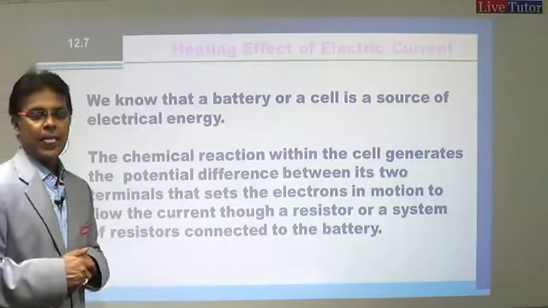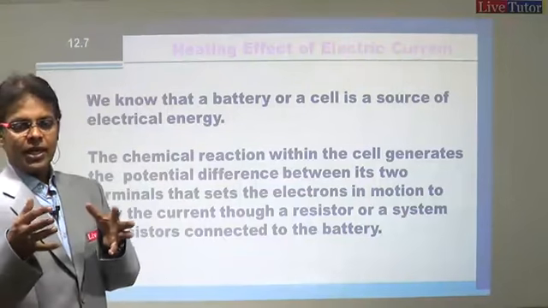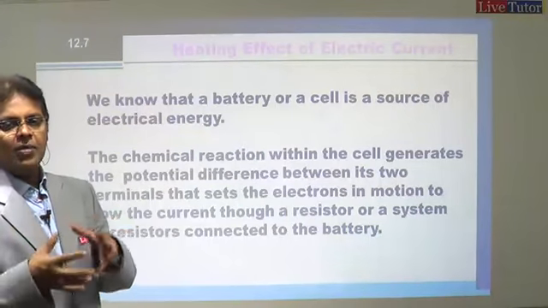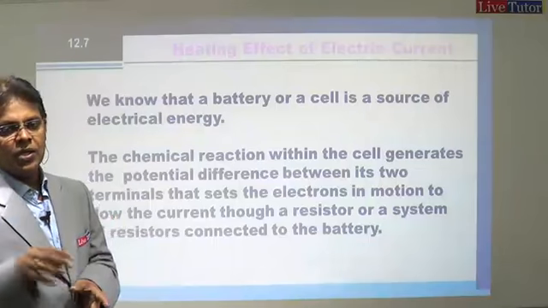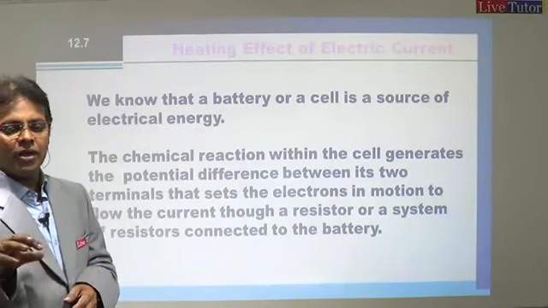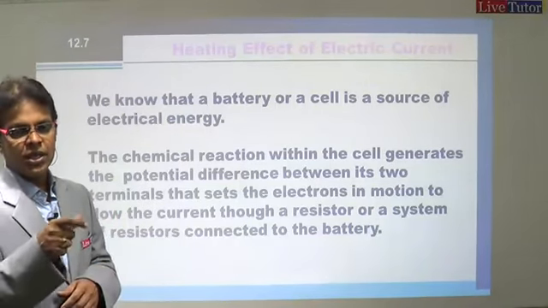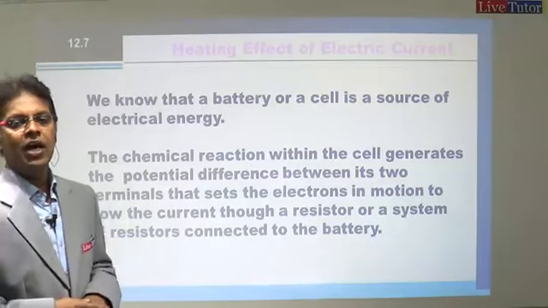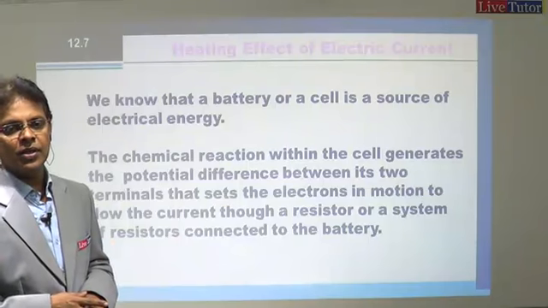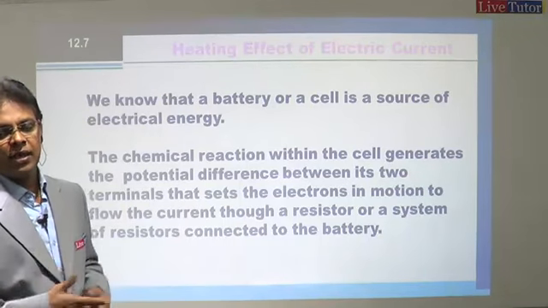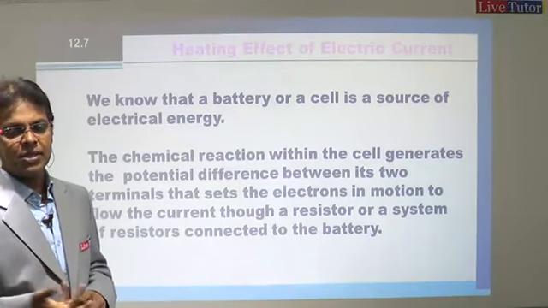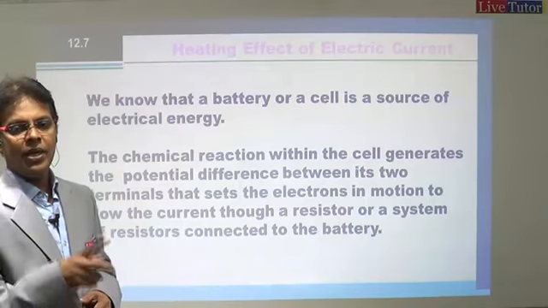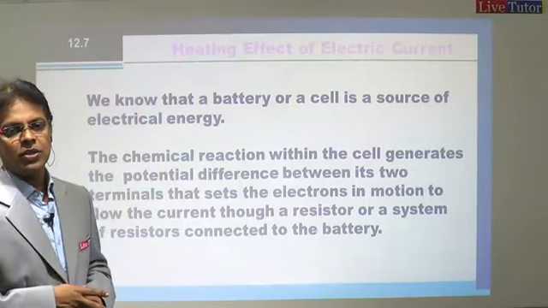When the electrolyte creates the chemical reaction between them, the electrons will start moving away from or towards the electrodes. And these electrons, with the energy, will move out of the battery through the external circuit, whether it has resistors or capacitors or anything, and they will flow out through that.